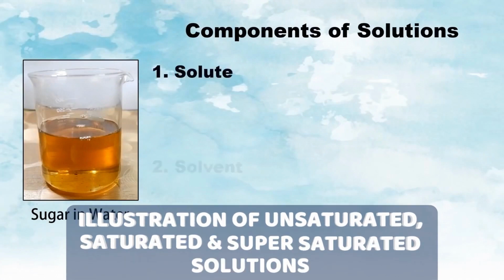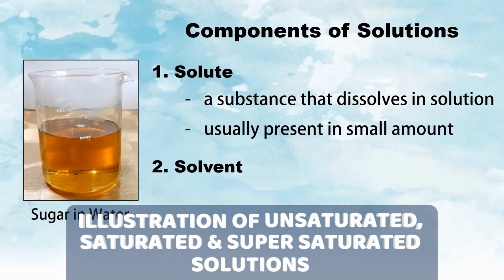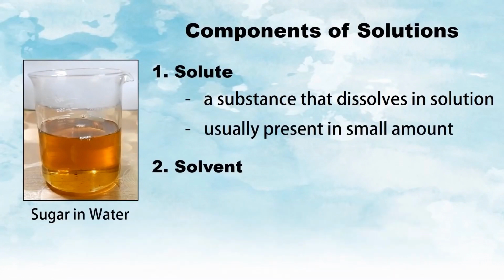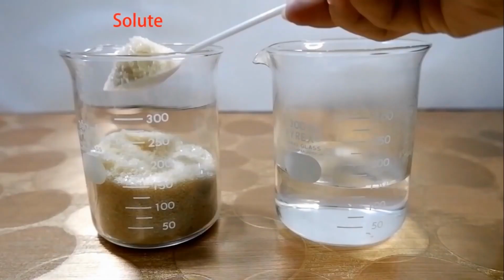Okay, let's now start the demonstration of the three types of solutions. As we have seen about solute and solvent, for example, sugar and water. Sugar is an example of a solute. What is a solute?